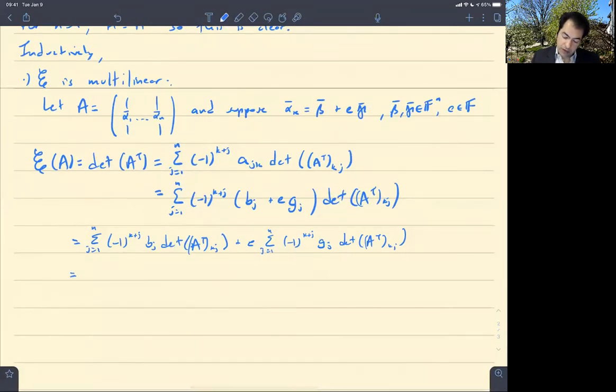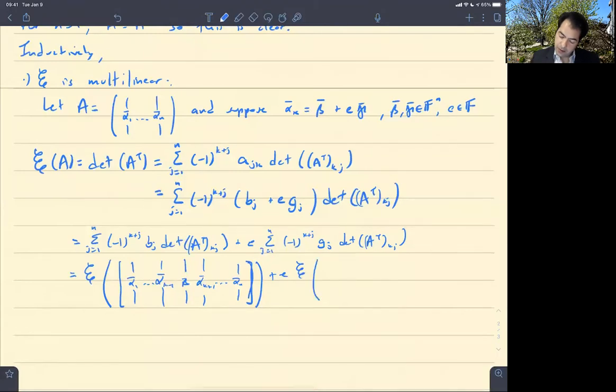Right, and then notice that this is equal to what you get from applying E to the matrix with columns alpha 1 through alpha k minus 1, followed by beta, and then alpha k plus 1 through alpha n, plus e times capital E applied to the matrix with columns alpha 1 through alpha k minus 1, followed by gamma, followed by alpha k plus 1 through alpha n.